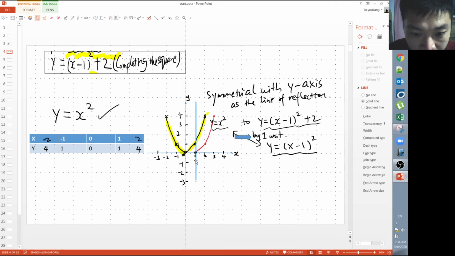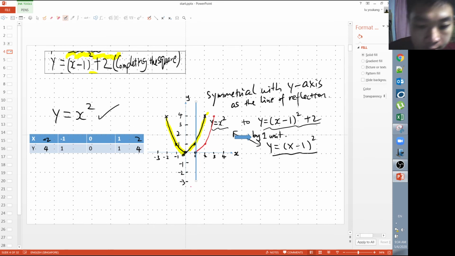Just now you have your y-axis as the line of reflection, but since you have this -1, everything must move to the right by 1 unit. So the line of reflection is here right now, which is your x is equal to 1. Similarly, these 2 points must also move to the right by 1 unit.